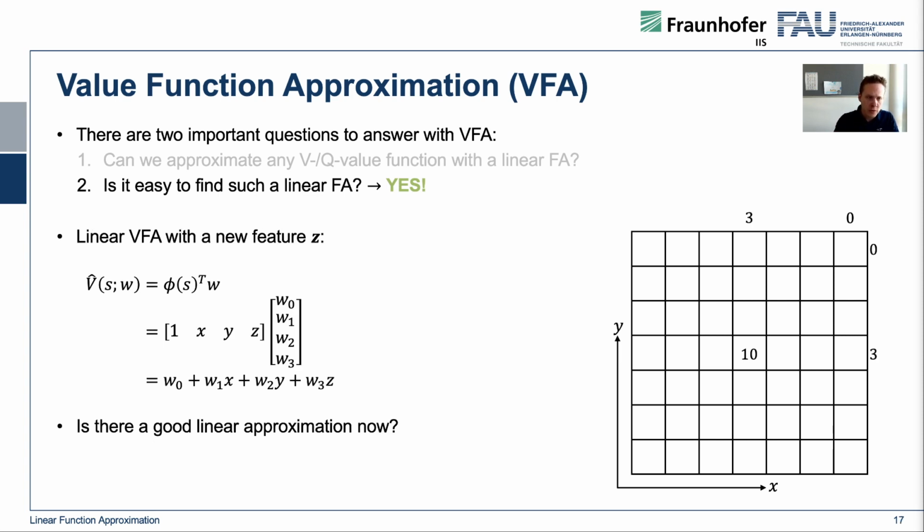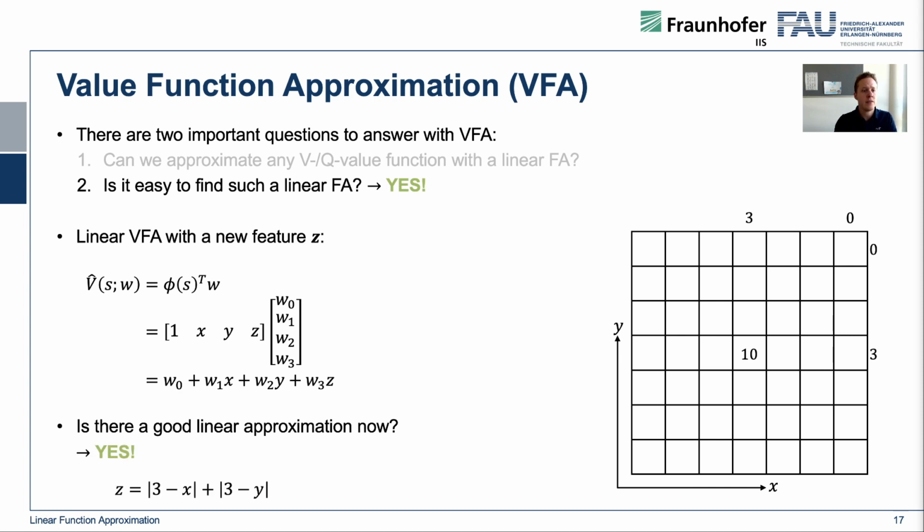What you would then need to do is define another feature with which we can derive a linear combination. In this case we would define an additional feature z, which also requires an additional parameter w. And the question is, could you come up with an additional feature z that helps you to linearly derive the value function?